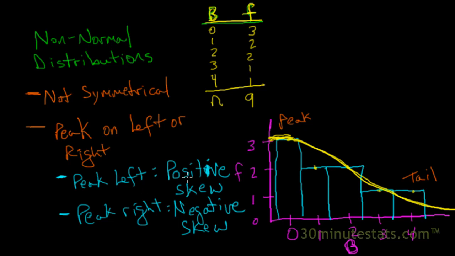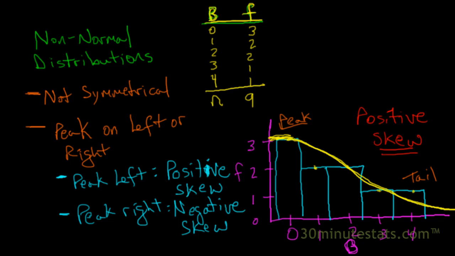Because this peak is on the left hand side, this is an example of a distribution with positive skew. It is not a normal distribution, it is a skewed distribution, and because it has the long tail on the right and the peak on the left, we call it a positively skewed distribution.